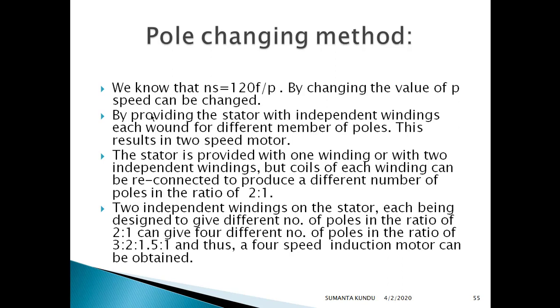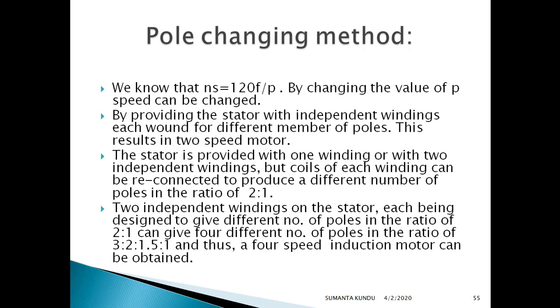Now in multiple stator winding, what we do is keep two different arrangements of winding for different pole numbers inside the stator, and among these two windings, one winding is energized at a time. Suppose a motor has two windings, one for 6 pole and one for 4 pole, for 50 Hz supply.